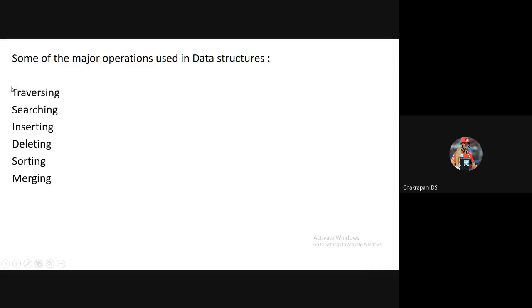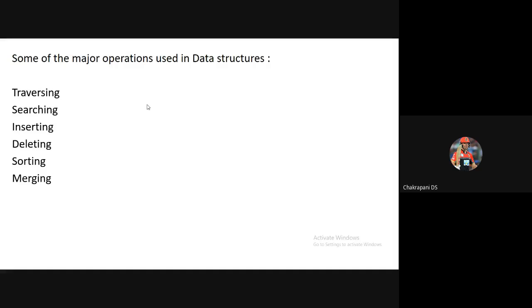Now, traversing is nothing but checking every data which is stored in a group of memory blocks, or visiting every data. For example, if I'm using an array, displaying all the elements of the array means you have to display every element stored in all the memory blocks.